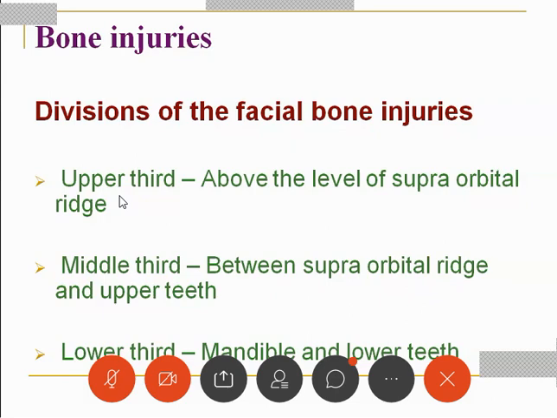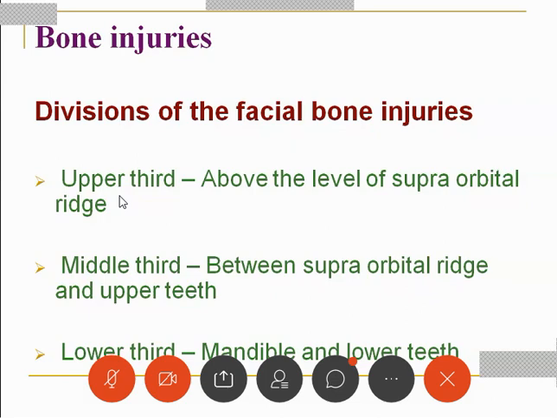Suppose the area above the supraorbital ridge is injured, you can have injuries to the inside of the brain. In the middle third, between the supraorbital region and upper teeth region, you can have injuries to the maxilla, nasal cavity, and skull base, anterior skull base and lateral skull base. In the lower third, you have to suspect only mandible, lower teeth and temporomandibular joint injuries.